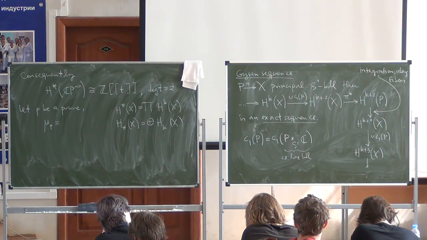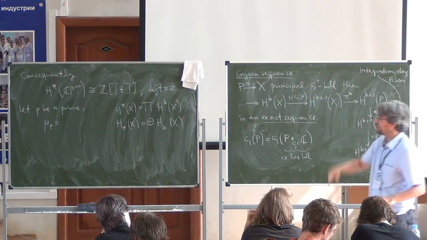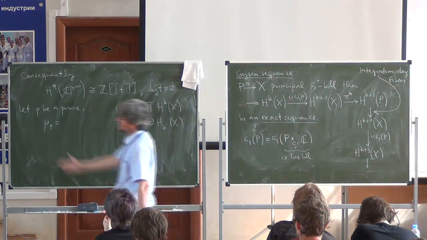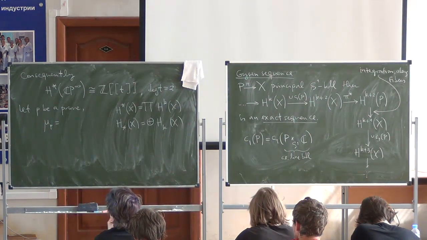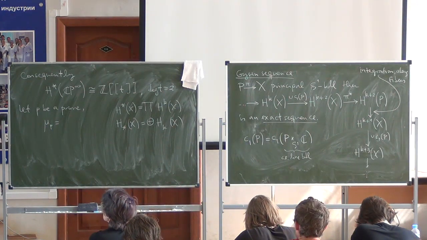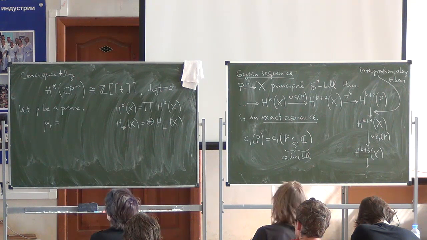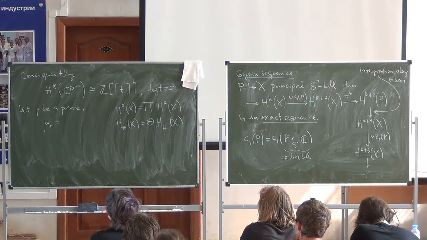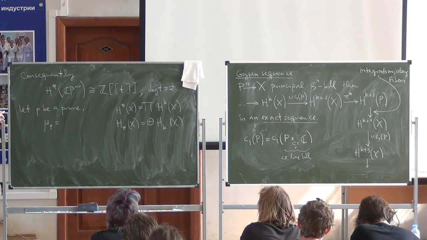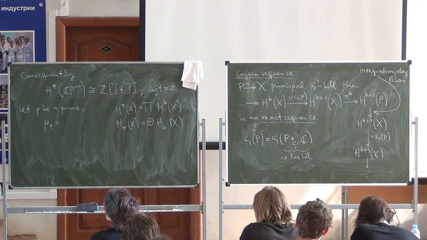You can define it in several ways. For example, you can take a Čech representative of the first Chern class, taking a collection of local trivializations of P. So P is a principal S1 bundle.